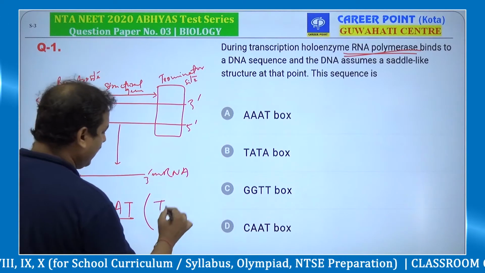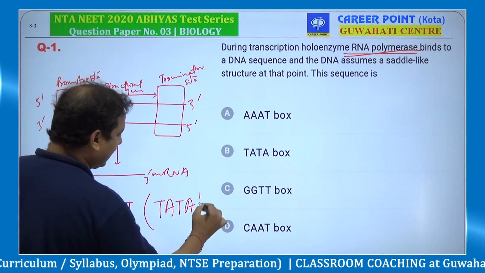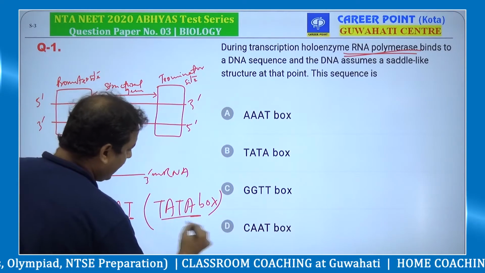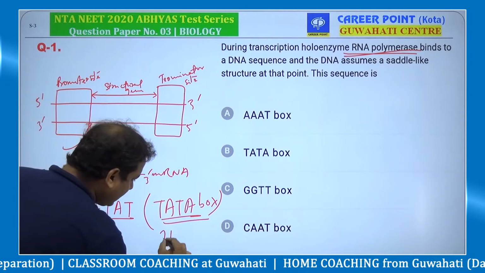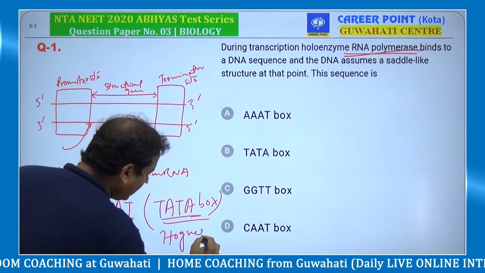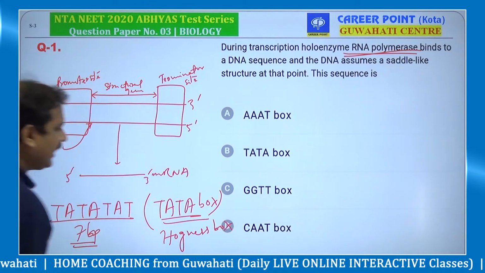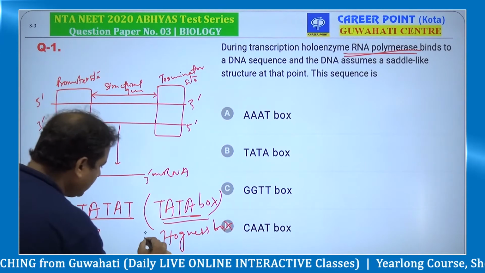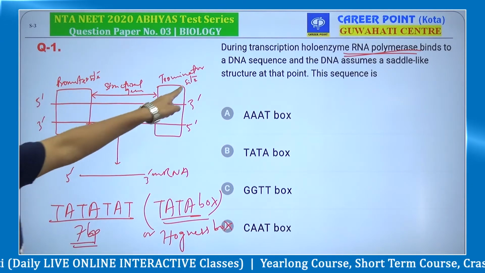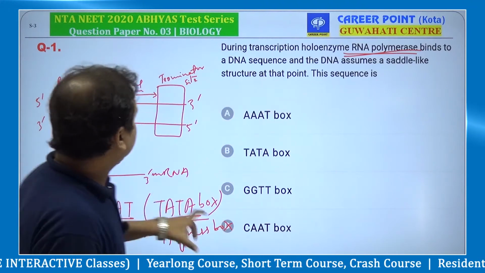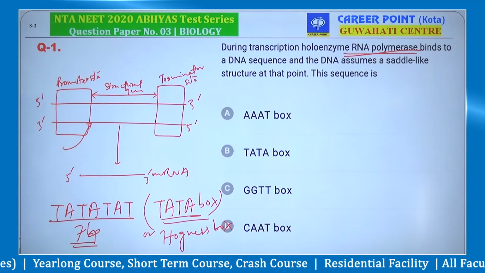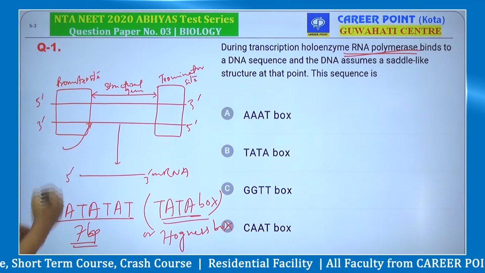Please remember, it is called the Tata box, or another name of this Tata box is the Hogness box. This Tata box or Hogness box makes the attachment of the RNA polymerase to the promoter site.